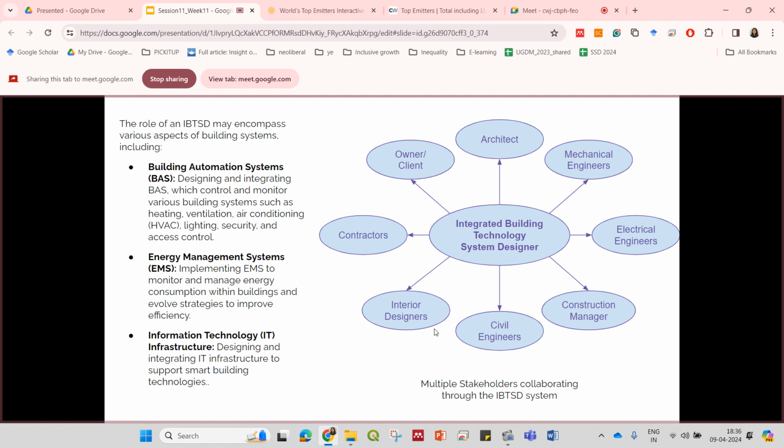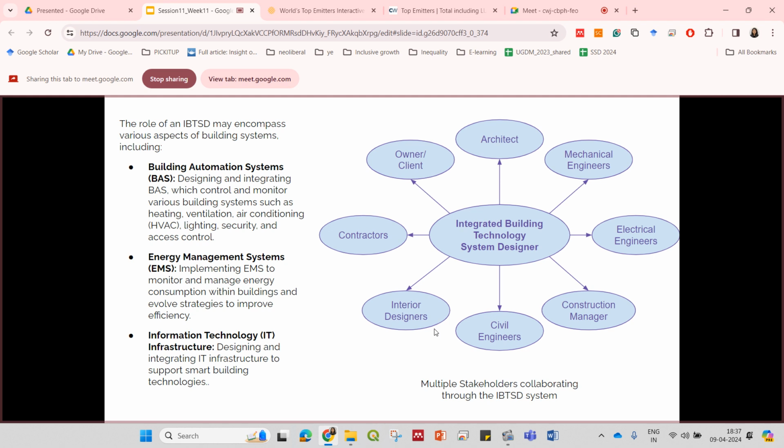Also, you can pay attention to the role of the IBTSD. It can encompass various aspects of building systems, and some of these include: first is building automation. If you want to automate various systems in the building, you again need to integrate them into one system, and in that case, this integrated building technology system designer is very helpful.